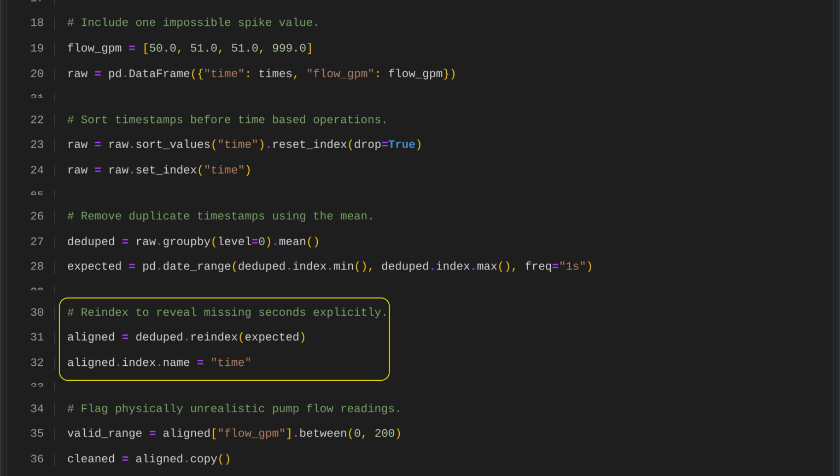The data is aligned to a consistent time index by matching it to the full expected range of timestamps, covering every second from the earliest to the latest time. This makes any missing seconds visible in the dataset. The index is then named time, so it is clear that it represents timestamps for later analysis.